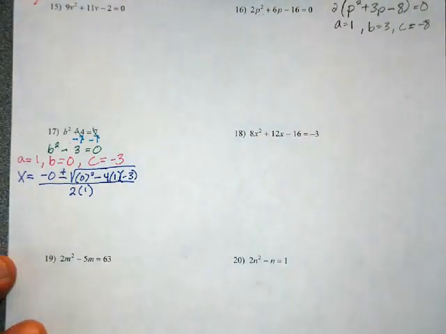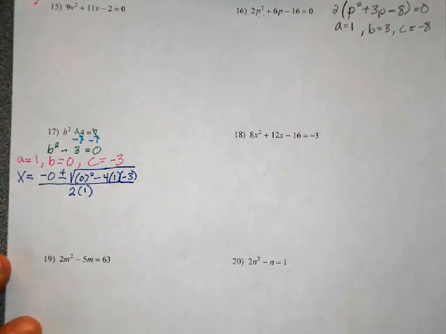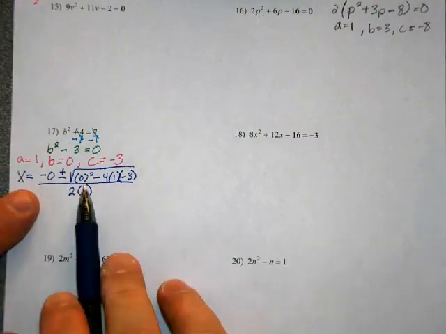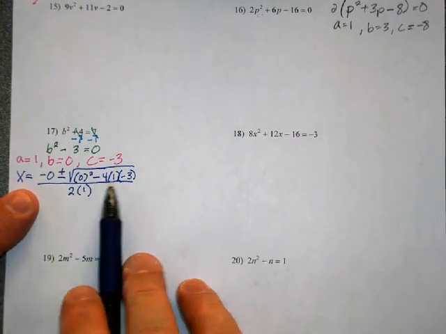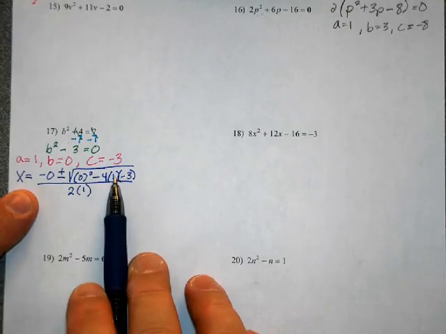Okay. Now I could use the calculator to find out the number under the radical, but this one's pretty easy to do, isn't it? Yeah.